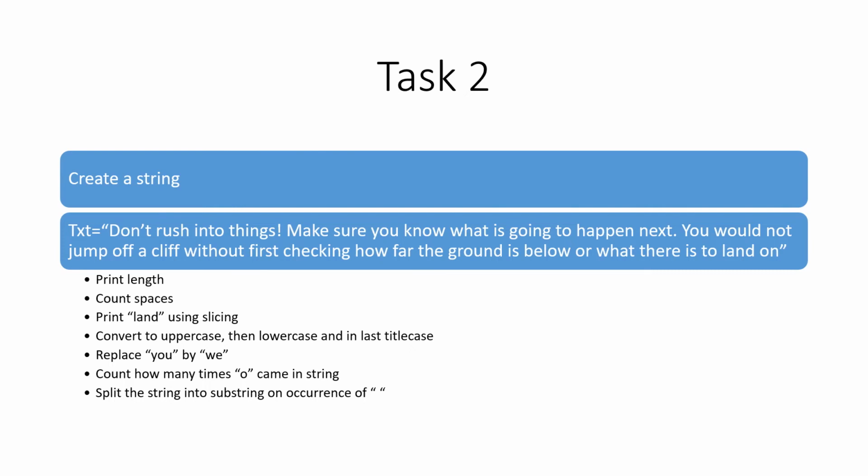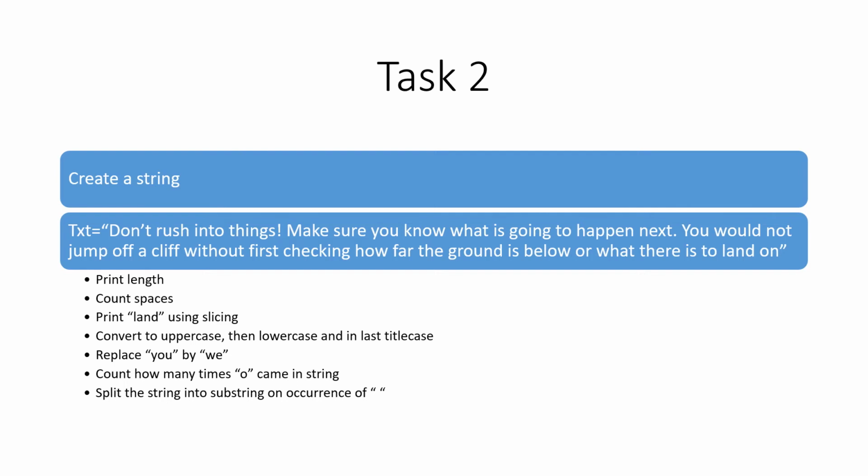The fourth subtask here is, as you can see, some of the letters are capital, some of the letters are small. You have to convert the whole string into uppercase, then convert the whole string into lowercase, and lastly I want you to convert it into title case.